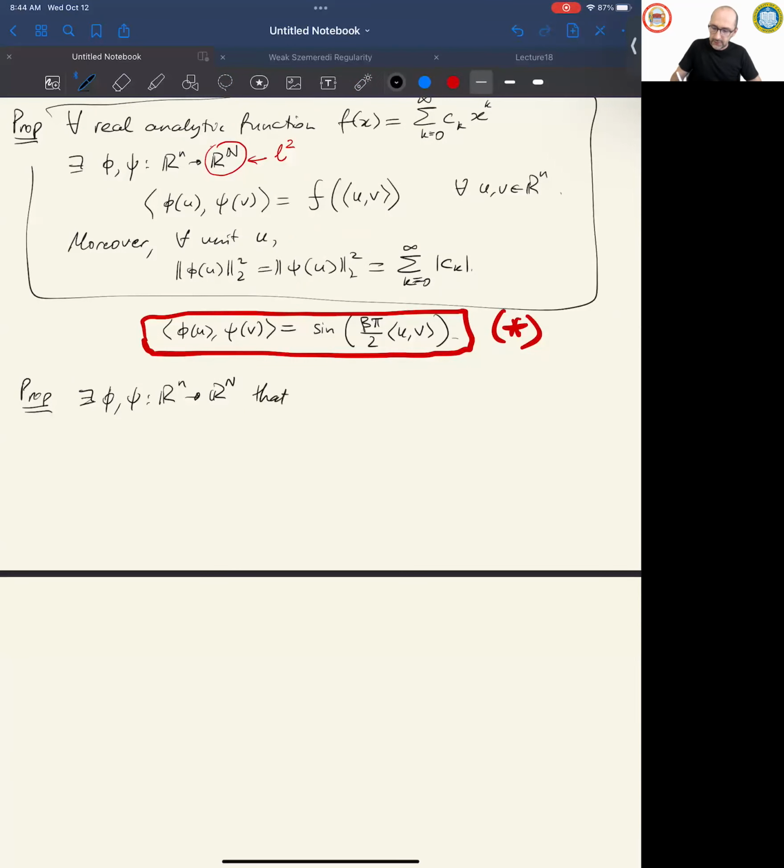So there are maps that take unit vectors to unit vectors, and they build this nonlinearity. Phi of u, psi of v is the sign of beta pi over 2 uv.